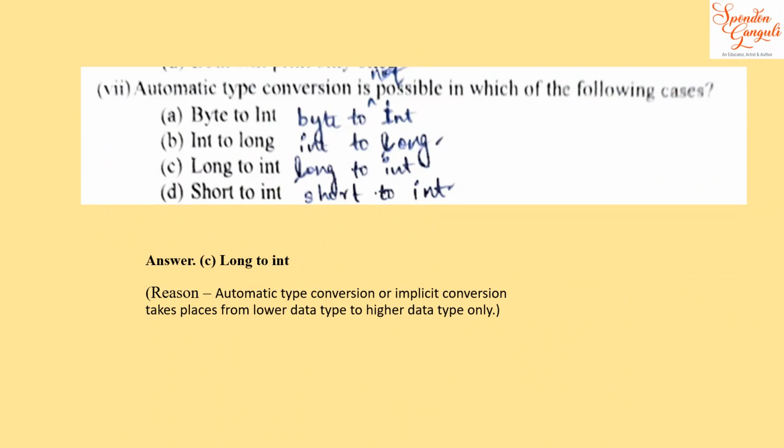Here, in all the options except option C, a lower data type is converted to a higher data type. Thus, the correct answer is option C, long to int, because long is a higher data type, which is to be converted to int, a shorter data type. This is not possible in automatic type conversion.